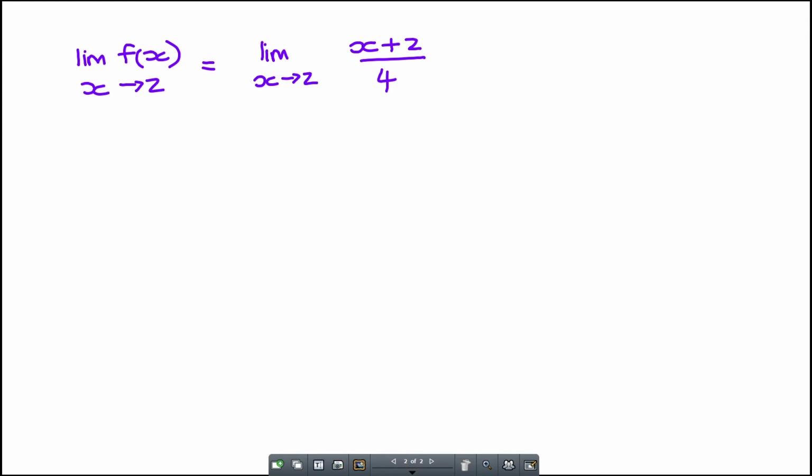Die limiet van fx as x streef na 2, dan sal jy sê, can you see I add this part again? Limit where x strives to 2, and then I write x plus 2 over 2, over 4, want dis mos waarmee ons net maar geëindig het.